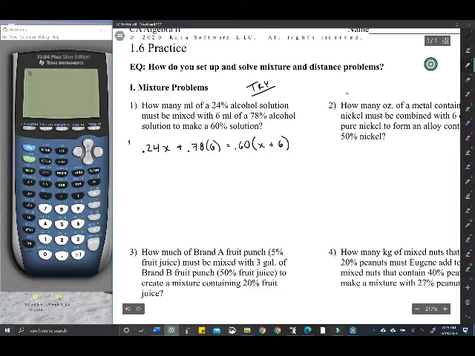Okay, that right there is the setup. The first solution plus the second solution is equal to the new quantity. All right, so that's how you set it up. I'm going to let you finish the distributing and solving, and then you can check your answers formally on the worksheet. So that's the setup. I just want to go over the setup with you guys.